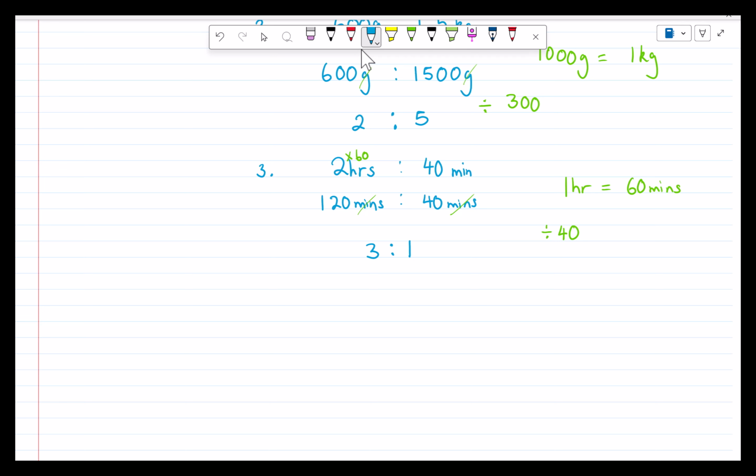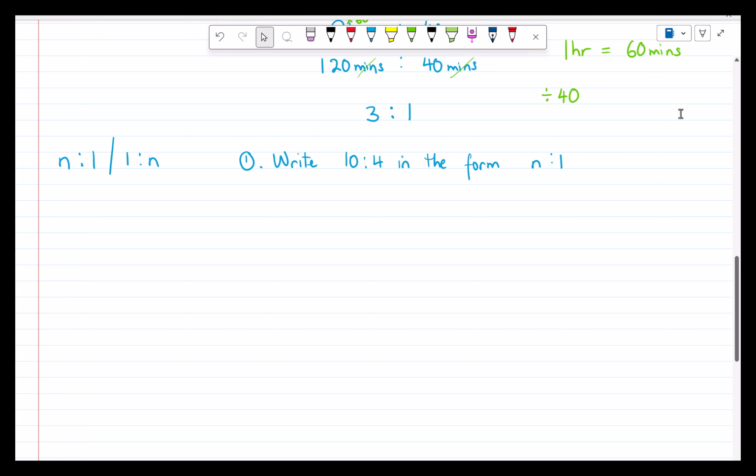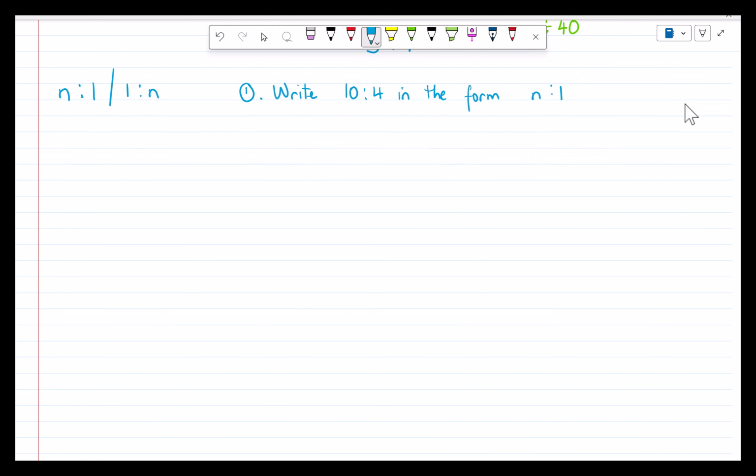And lastly, we are going to look at how to write a ratio in the form of n is to 1, or you can be asked to write it in the form of 1 is to n. So example number 1, write 10 is to 4 in the form n is to 1. So what this simply means, if you see a question like this, it means that it wants you to have a 1 on the right hand side.